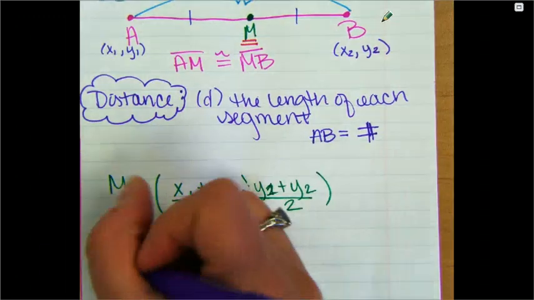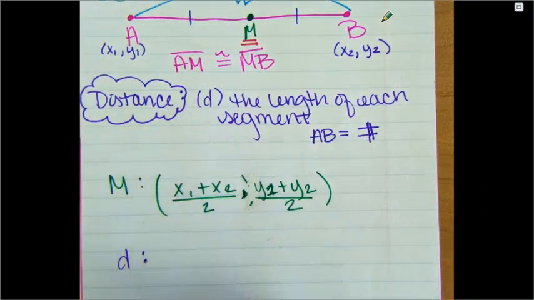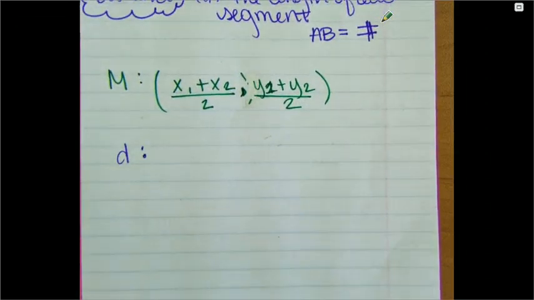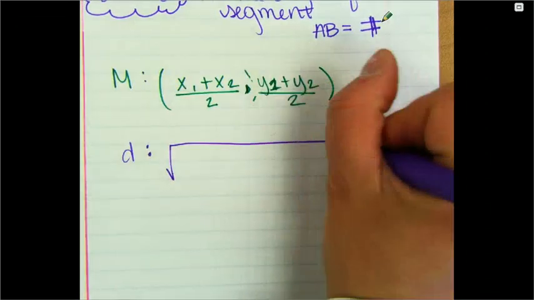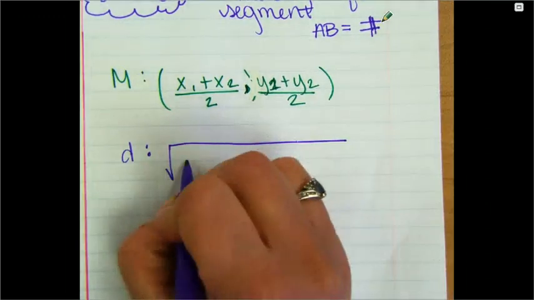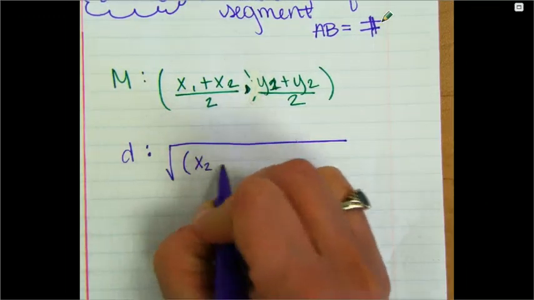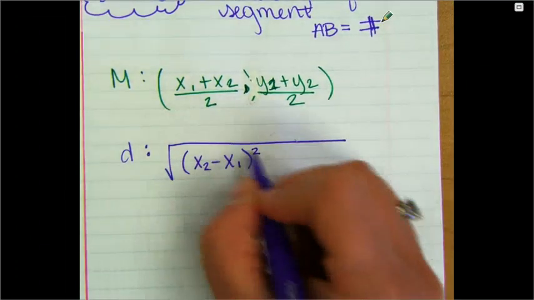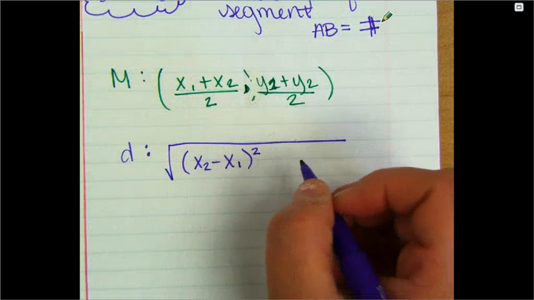So what's the distance formula? Square root. It says that we take x2 minus x sub 1, and we square that. So if I'm squaring it, is it ever going to be negative? No, it can't be.